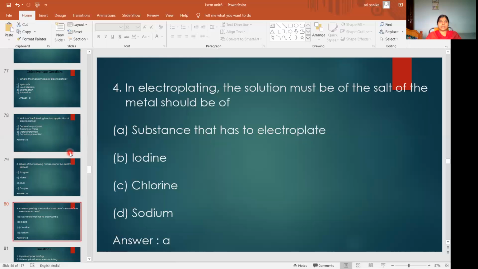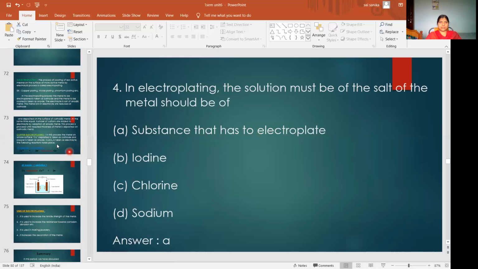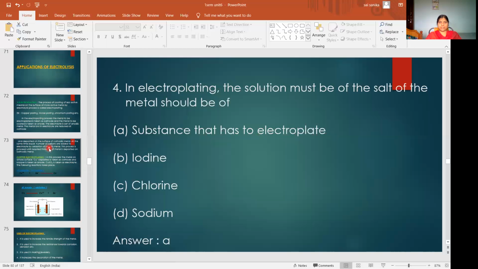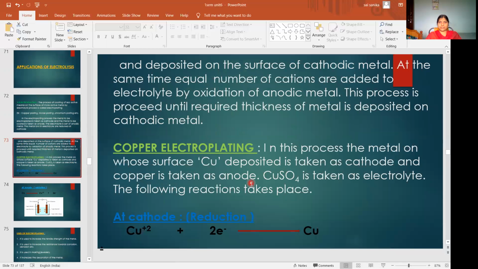Already, while discussing electroplating, I repeated this two or three times. What is the electrolytic solution? Whichever metal we are depositing, that metallic solution will be the electrolytic solution. For example, if we want to deposit or plate copper, copper sulfate will be the solution.